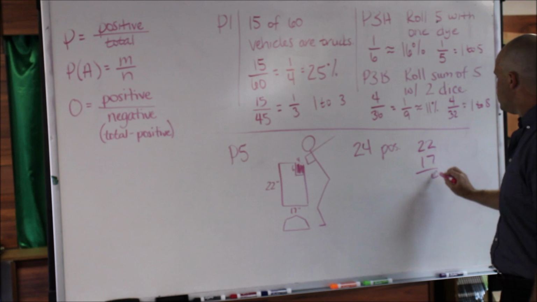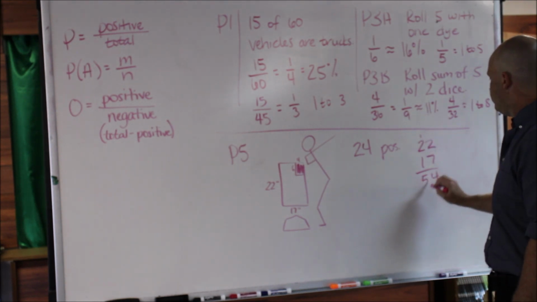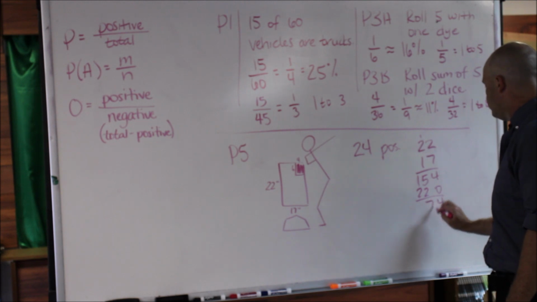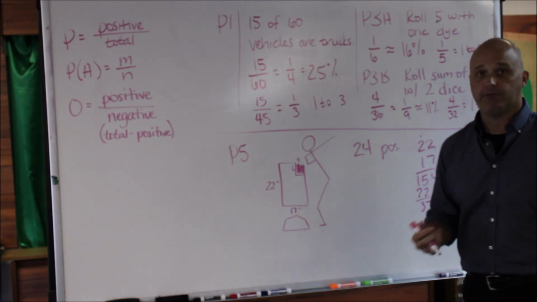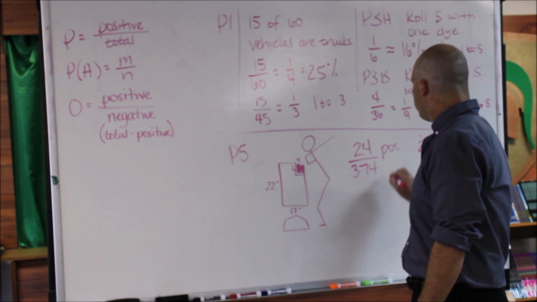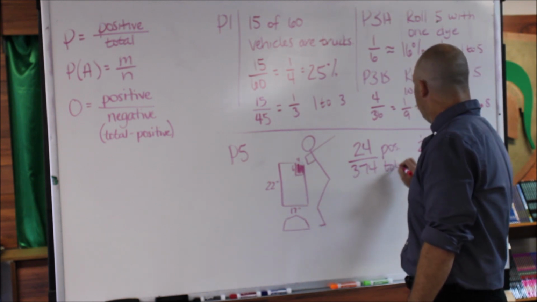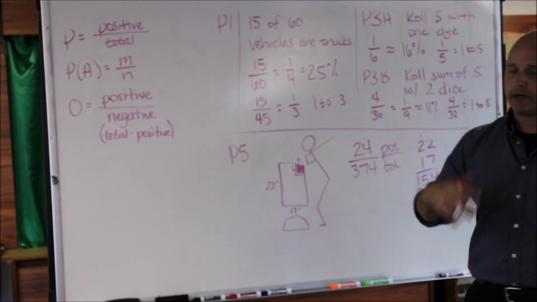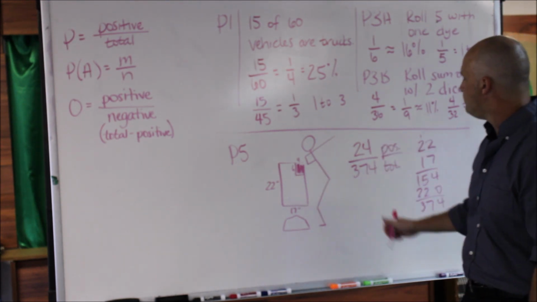So we're going to get 374 total outcomes. So we're going to get 24 over 374. So positive over total. And we know that 374 cannot be divided by 4, so we can divide both of these by 2.